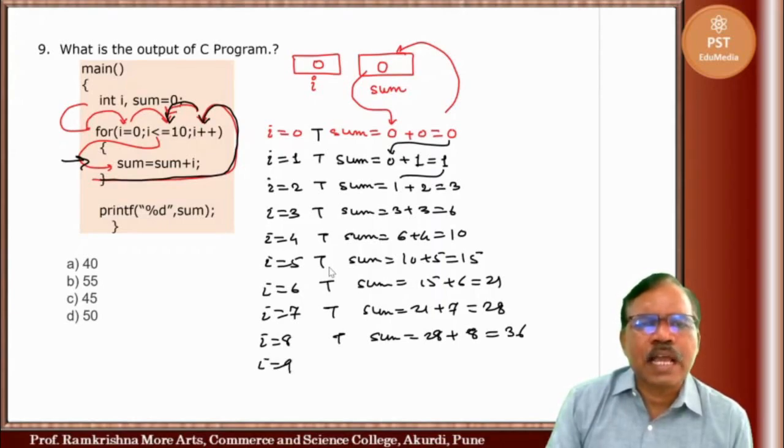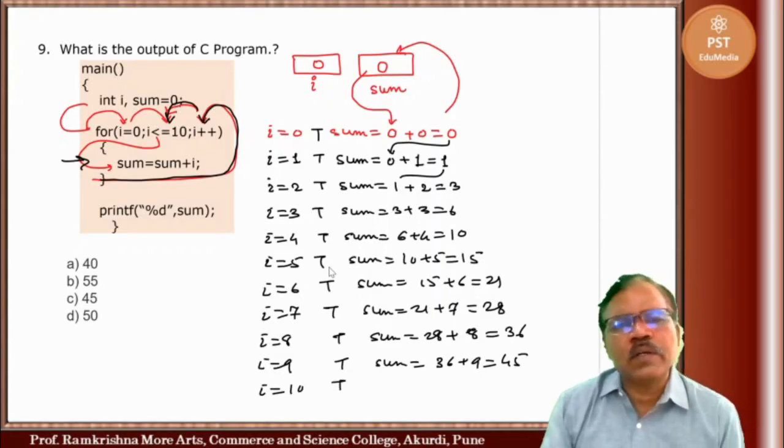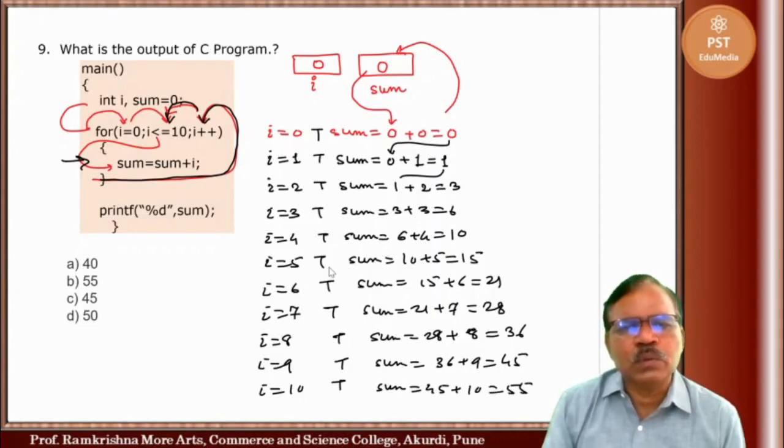I becomes 9, condition is true, sum equal to 36 plus 9, that is 45, I is equal to 10, less than or equal to 10, so true, sum equal to 45 plus 10, so it is 55, then I becomes 11, condition is false now.